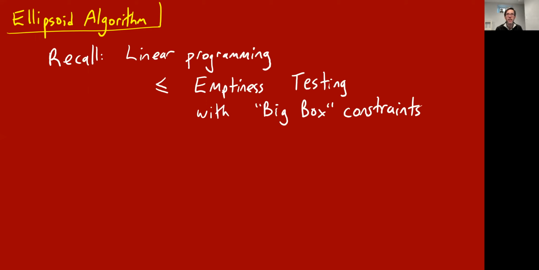It's called the emptiness testing problem. Together with the additional assumption that you can freely assume that the inequalities can include what I call big box constraints. So all the variables x1 through xn are constrained to be between some minus r and plus r, where r is a really large number. It can have polynomially many bits in it, where I refer to polynomial in the bit representation of all the other constraints.